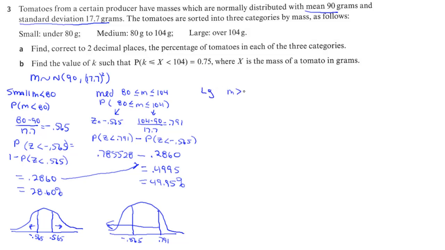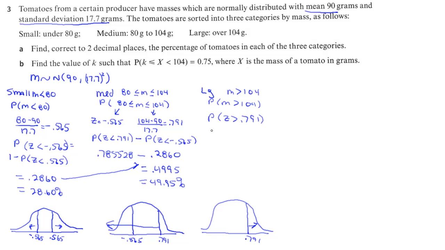Now the large tomatoes are going to be bigger than 104. Now we already know the z-score. The z-score for 104 is going to be 0.791. So the probability that z is greater than 0.791, well, again, we can do a sketch here. It's above this area.